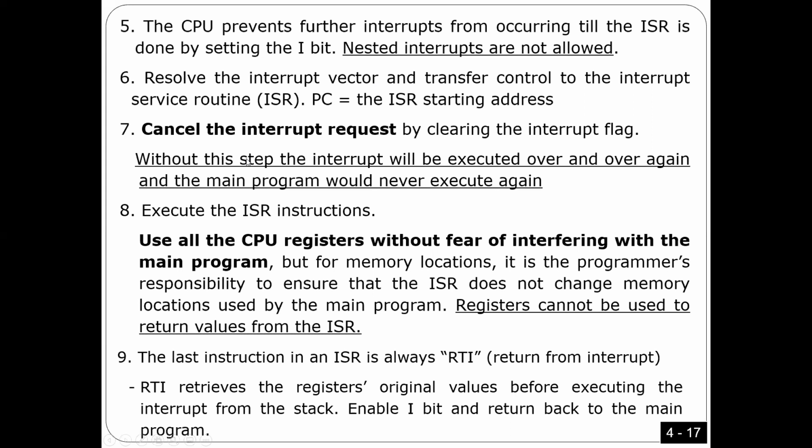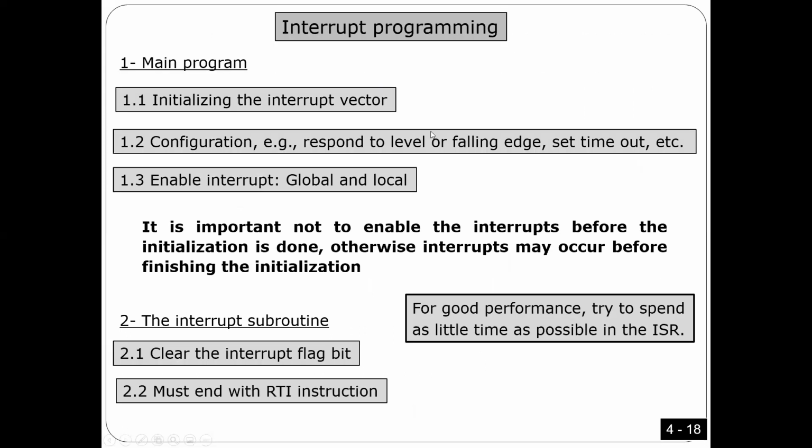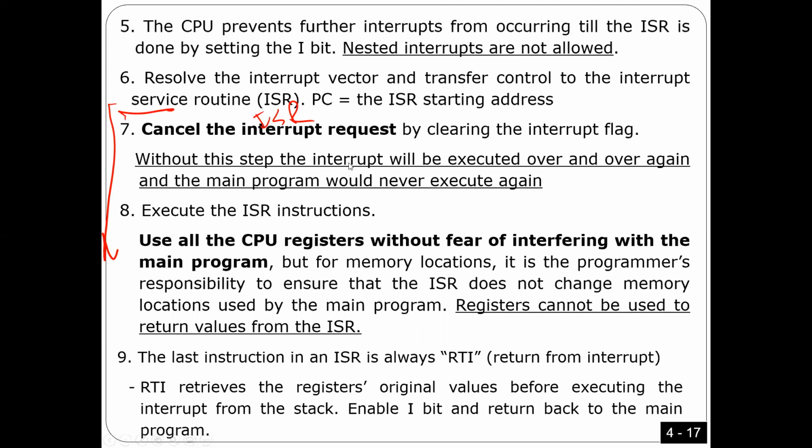After that, the steps from 7 to here should be inside the interrupt subroutine, right? So inside the interrupt subroutine, you should cancel the interrupt request by clearing the interrupt flag bit, right? This is what you have to do.